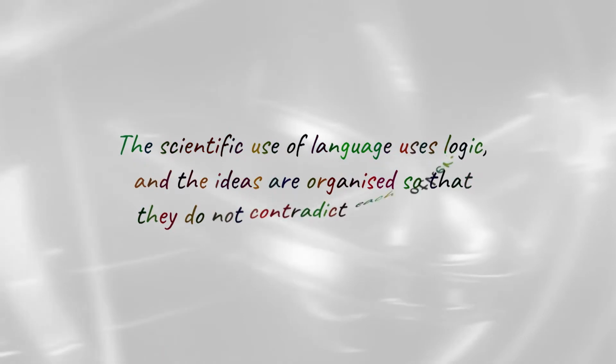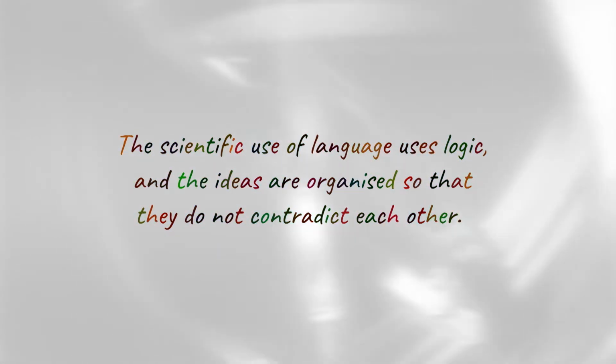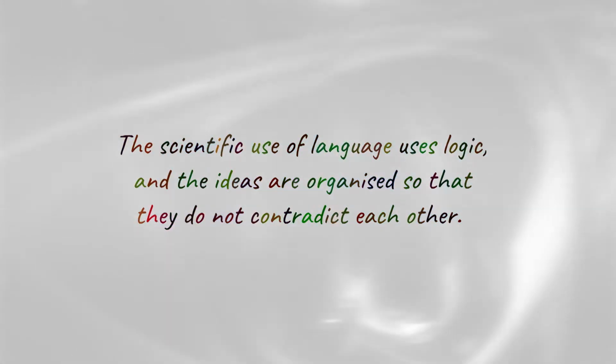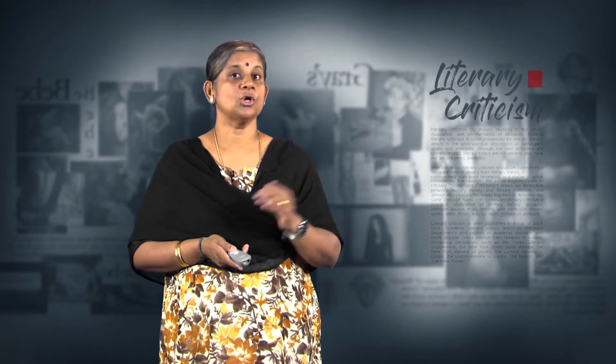The scientific use of language uses logic, and the ideas are organized so that they do not contradict each other. Emotive language does not give importance to logical arrangements, but relies on emotional interconnection to bring diverse attitudes into one, and in this way it does not matter even if there is contradiction of the references.